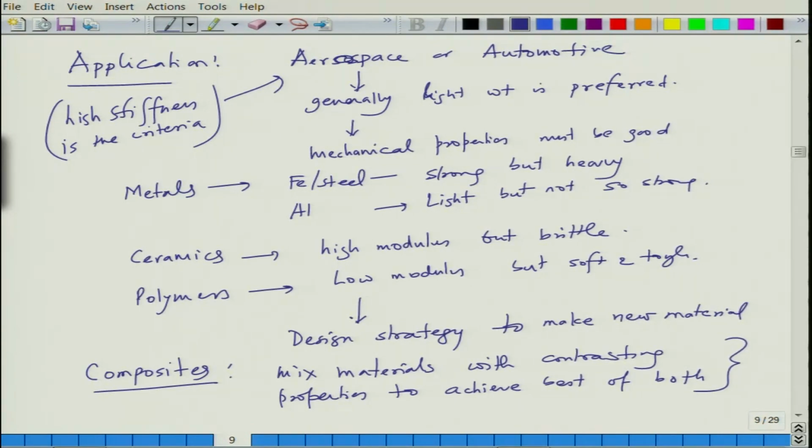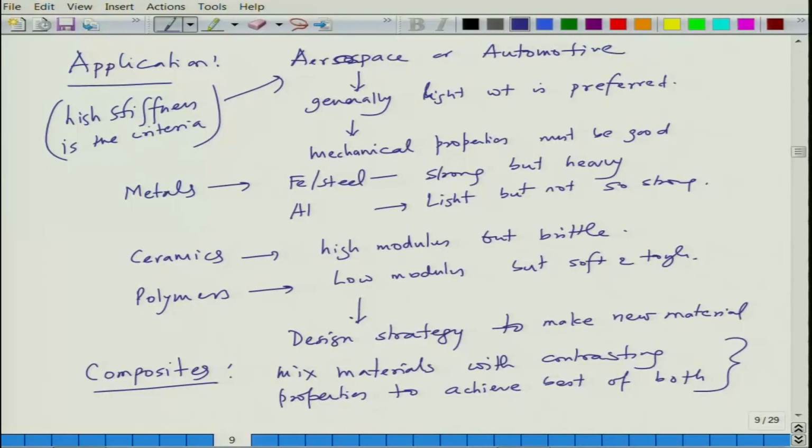You can mix ceramic and polymer, or you can mix metal and ceramic to make materials which have compromised properties, but they maximize certain properties, especially the specific properties, the strength per unit weight, or yield strength per unit weight, or fracture strength per unit weight, or whatever, especially the properties which are enhanced by lowering mass. So, you can have lower mass of the material, yet achieve a similar value of performance, and this is done by making composites or mixtures of these materials.